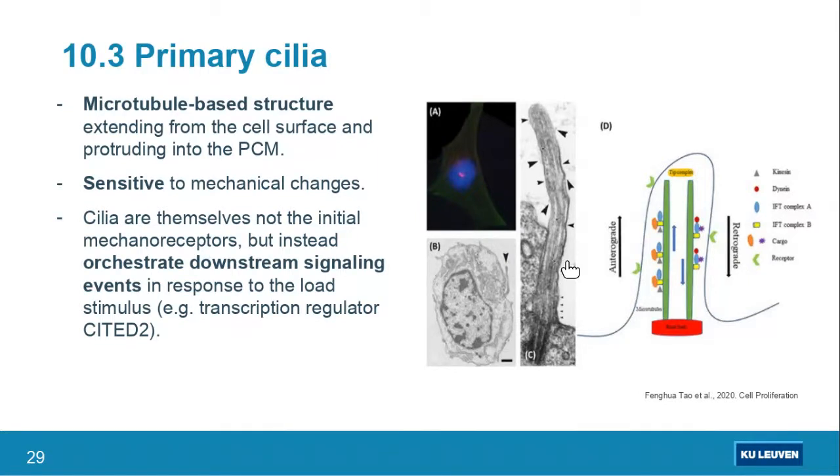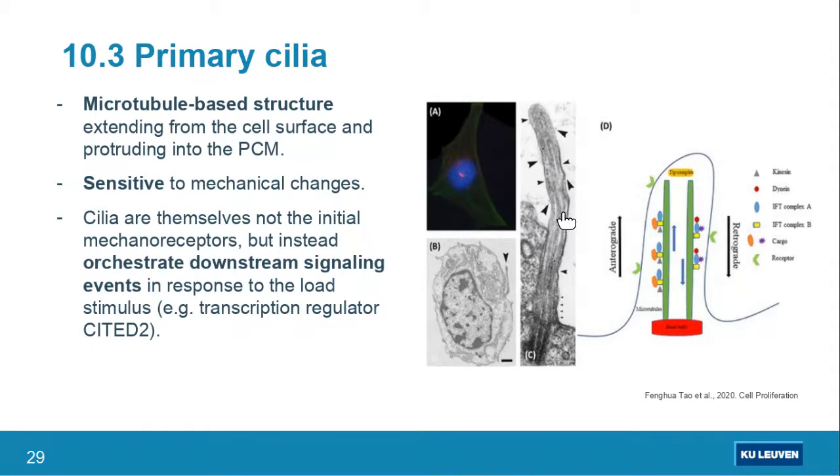These primary cilia are sensitive to mechanical changes, and in fact they have been proven to change their length in response to mechanical stimuli. However, the primary cilia are not the primary mechanoreceptor; instead they activate different downstream pathways that activate or repress a specific response as a result of the mechanical loading.